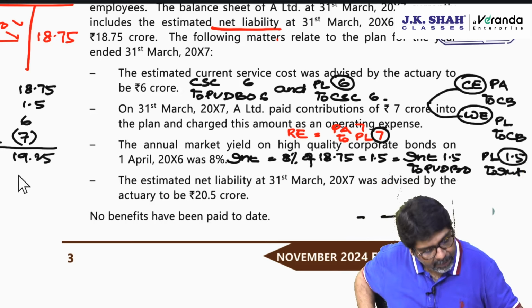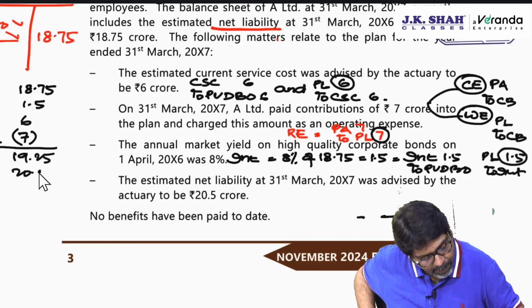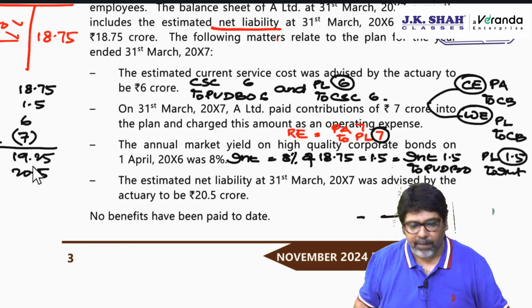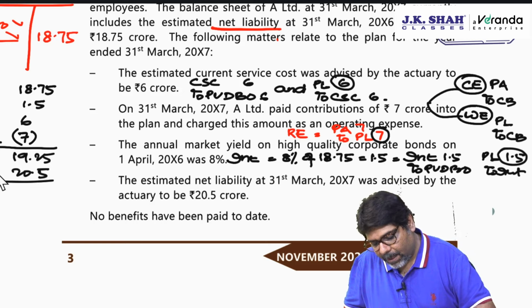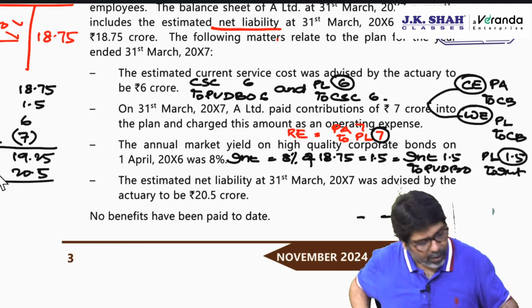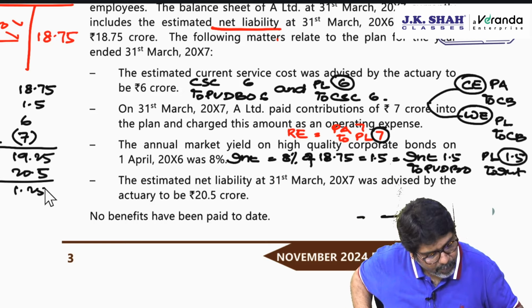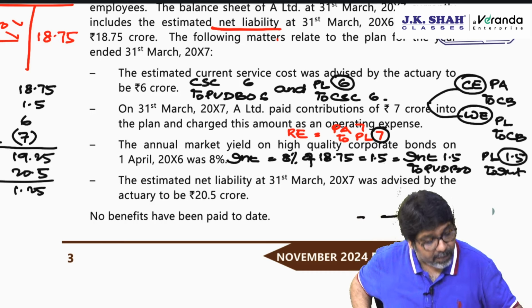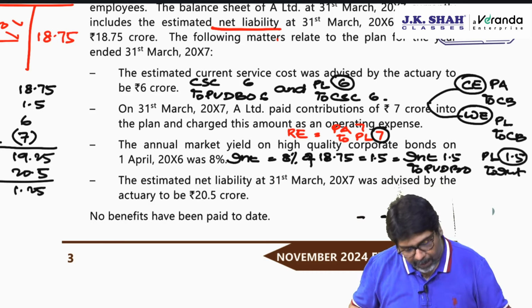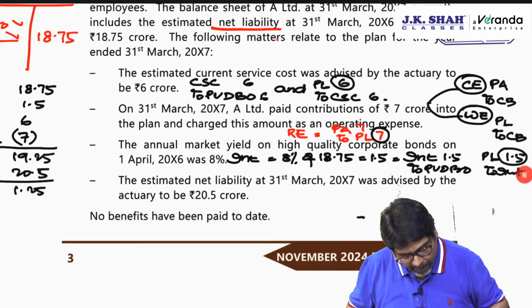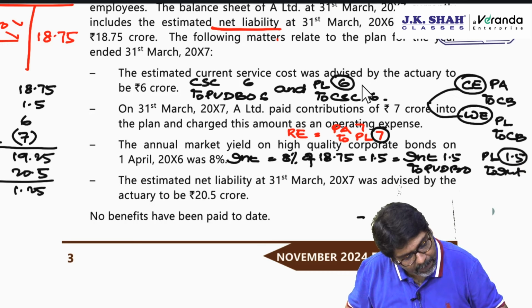19.25. But they are saying how much? 20.5. Oh my god, so liability has gone up. Minus 20.5, liability has gone up. 1.25 is the actual loss. Correct? Impact on PL.